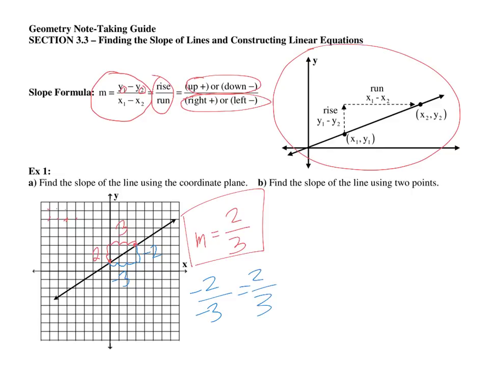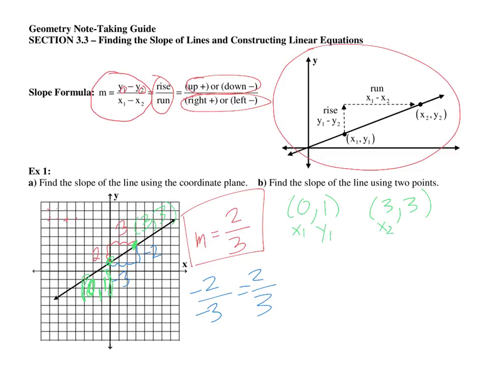Now it says find the slope of the line using 2 points. I'm going to use this point here, which is 0, 1. And this point here is 3, 3. So I have 0, 1 to work with and 3, 3. This is my x1, y1.